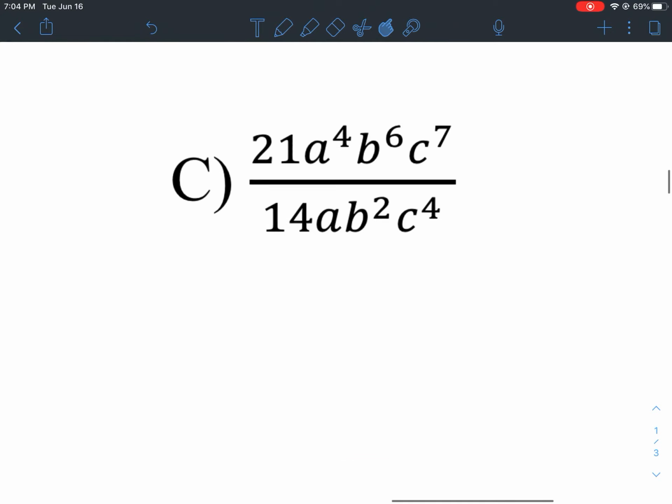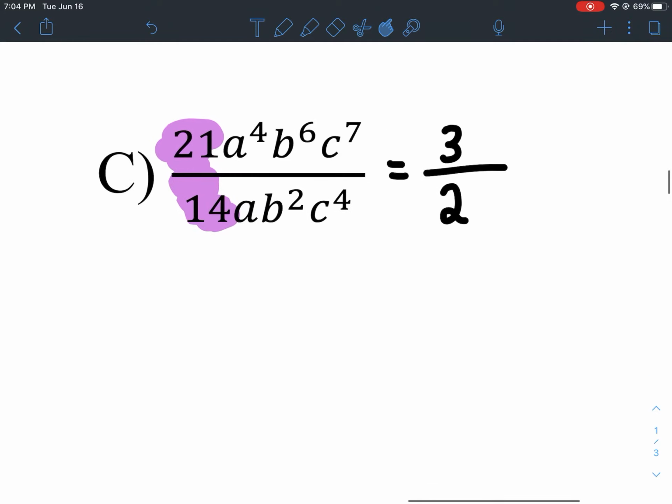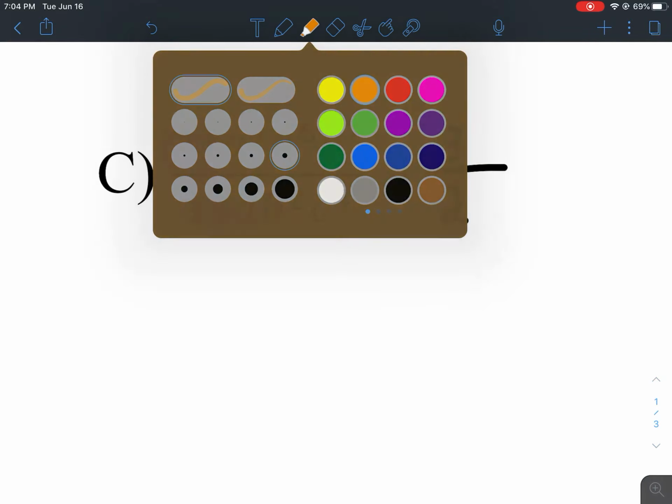And then your last one here, you're going to simplify 21 divided by 14. They're both divisible by 7. 21 divided by 7 would be 3. 14 divided by 7 is 2. Your next part here, you have 3 different variables.